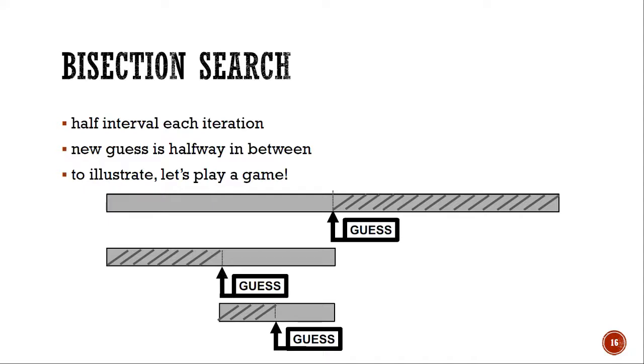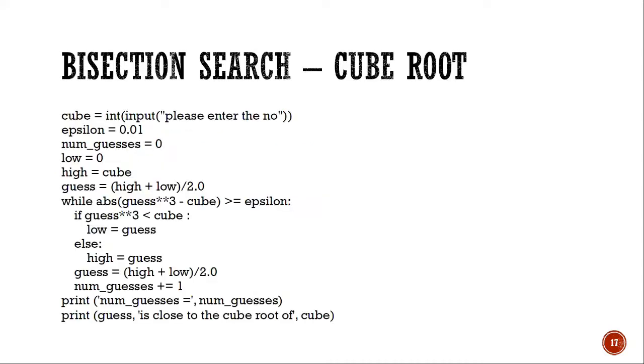Last but not least is the bisection search method. In this method, we only search within half of an interval in each guess. This reduces the search space with every iteration until we reach a close enough solution.